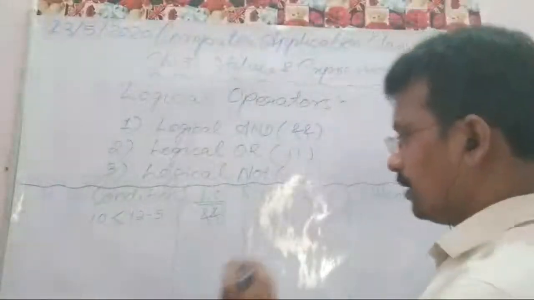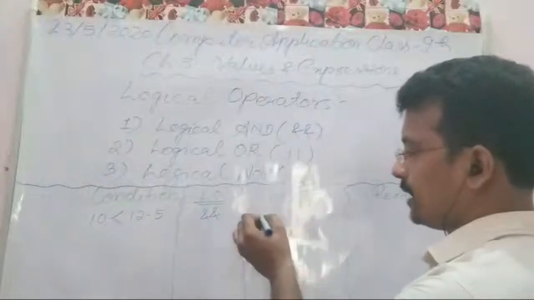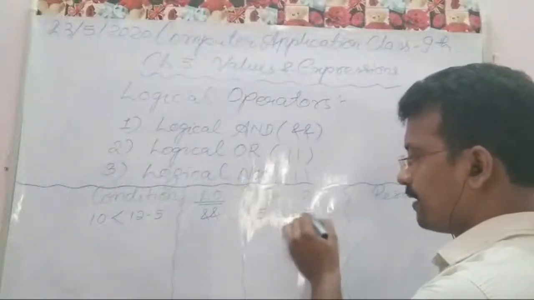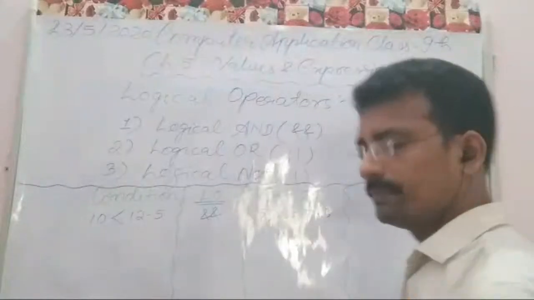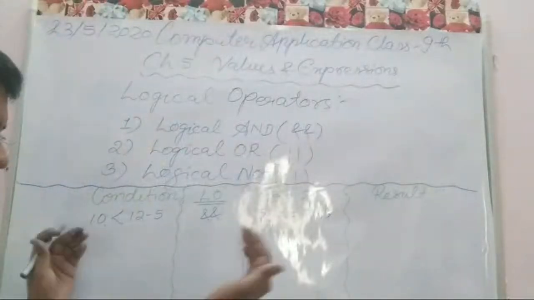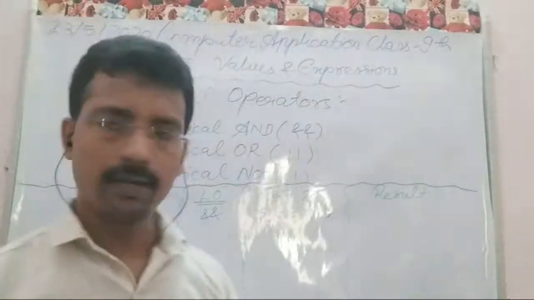Suppose this condition is given. Now, another condition we take: 5 is exactly equal to 7 plus 3. Suppose this is another condition. And both conditions you have to combine and will produce one result.